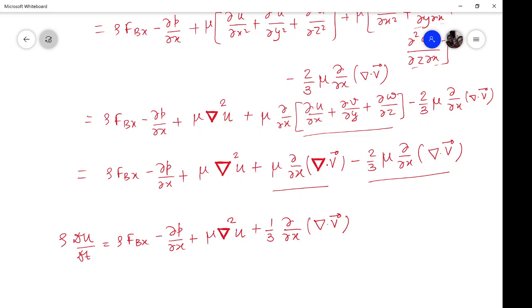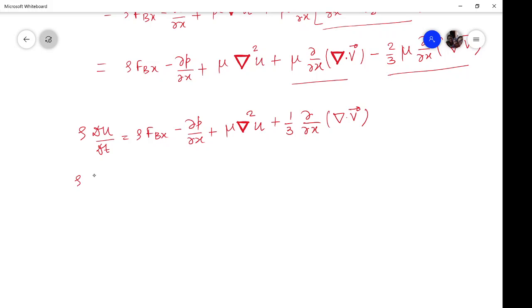Likewise you can also get the y direction equation if you follow these steps. Minus ∂p/∂y plus μ, plus 1/3.